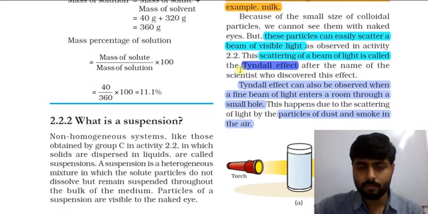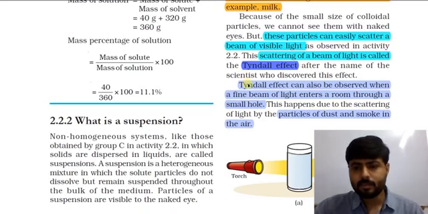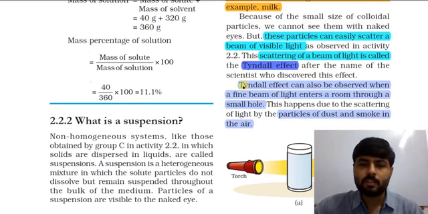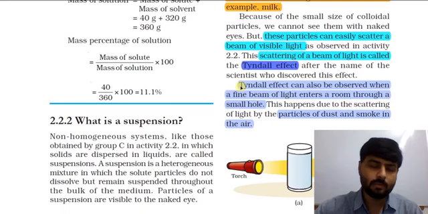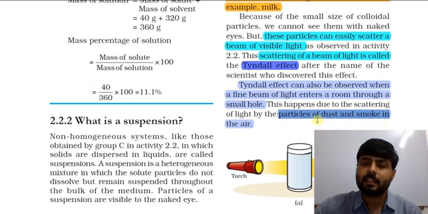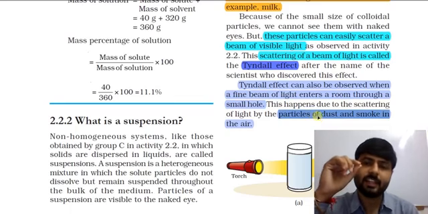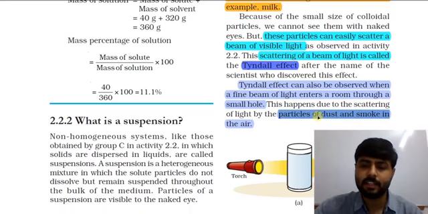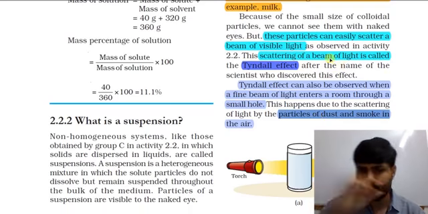So here we have another example: when light enters a dark room from a fine hole, we can see the particles present in air, the particles of dust and smoke, act as a colloidal solution and scatter the beam of light, and hence we can see the path of the beam of light.